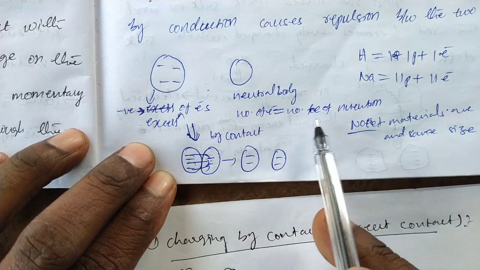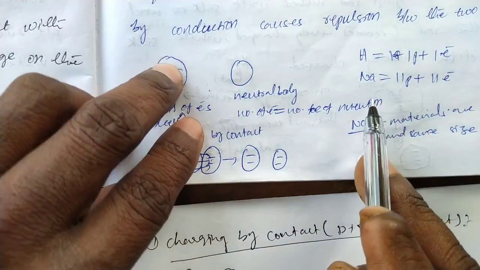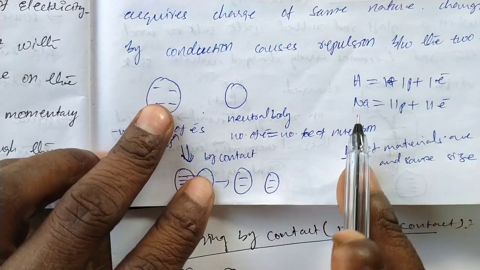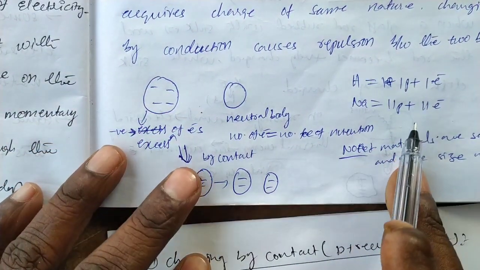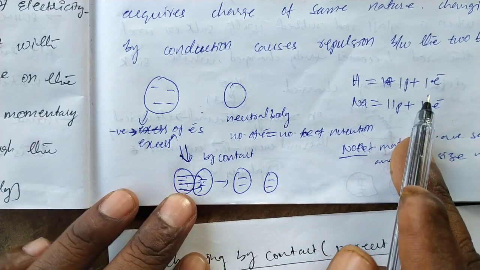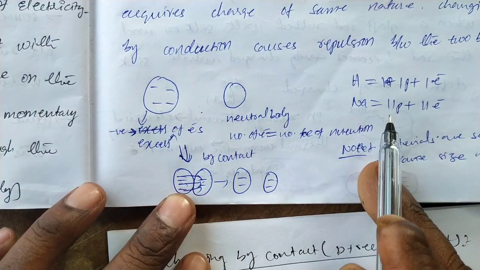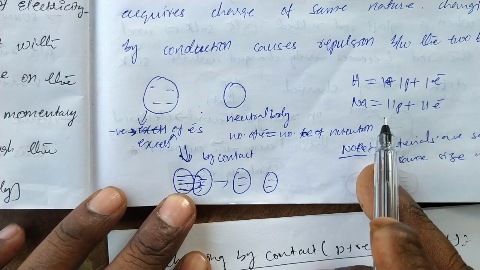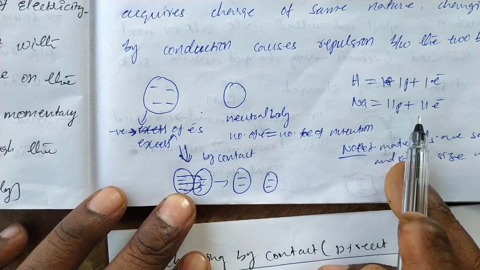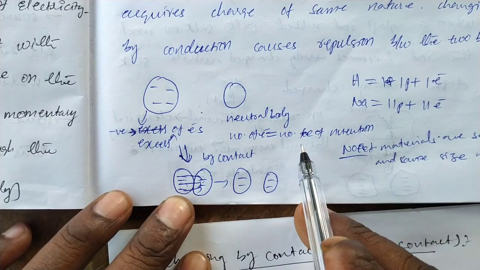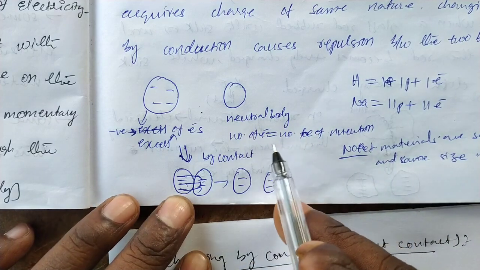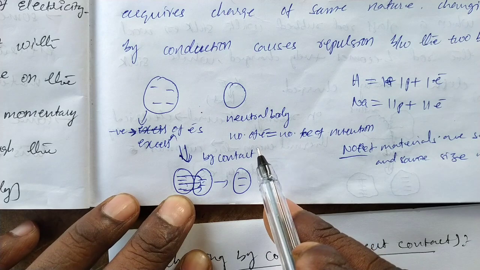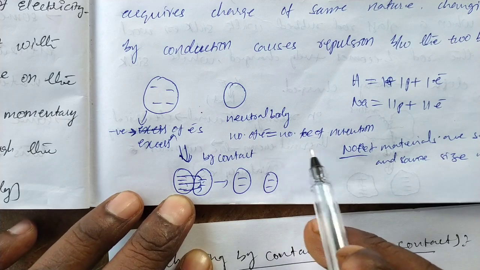For example, hydrogen has one proton and one electron, and sodium has 11 protons and 11 electrons. A neutral body has the number of positive charge carriers equal to the number of negative charge carriers.